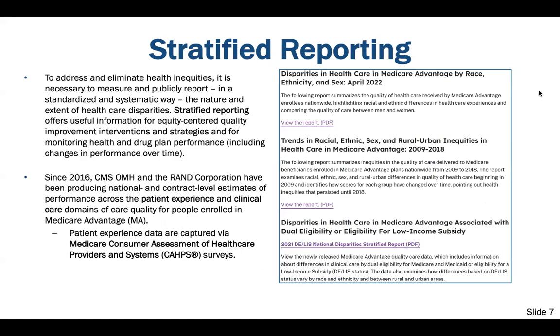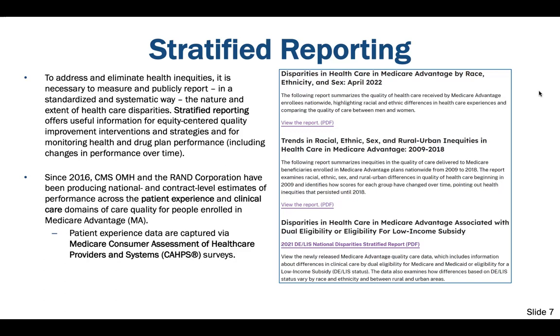So one of the major initiatives that they began was quite some time ago, actually, though it's gotten increased prominence recently, is stratified reporting of quality measures by key characteristics.